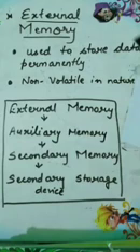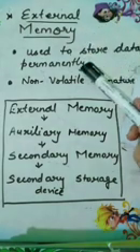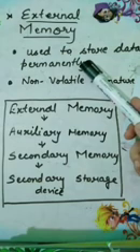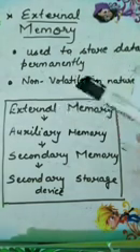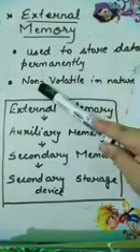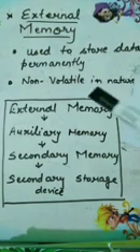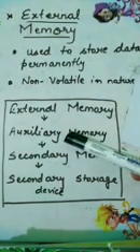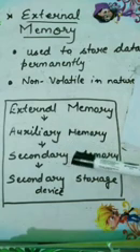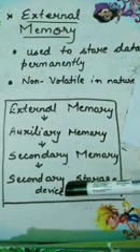Now children, external memory is used to store data or information permanently. Data and information is not lost even when the computer is turned off. That's why it is non-volatile in nature also. Now children, external memory can also be called auxiliary memory. It can also be called secondary memory or you can call it secondary storage device also.